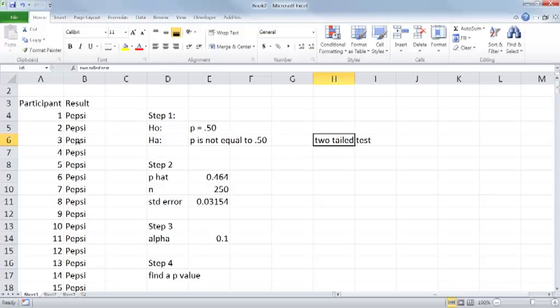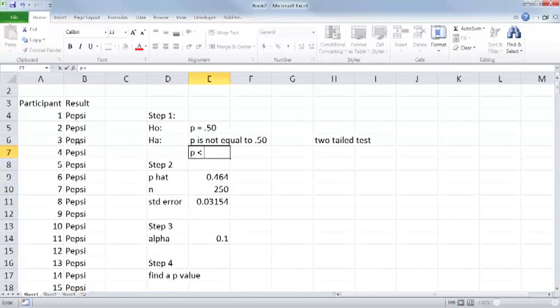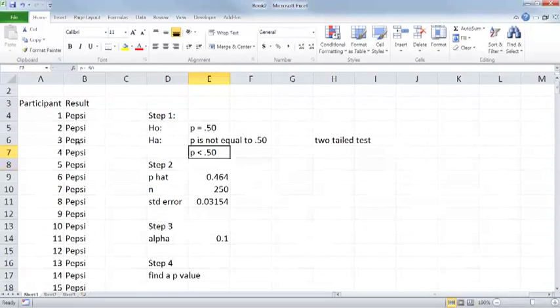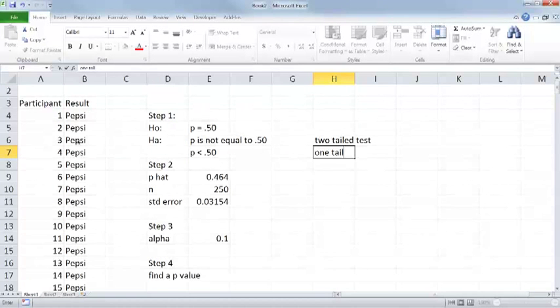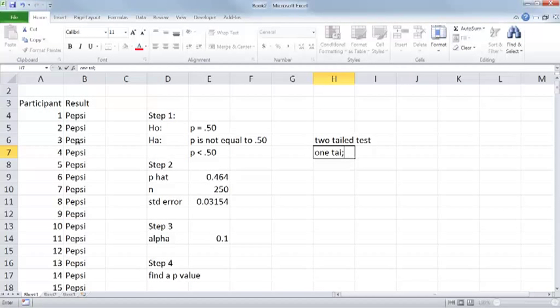We'll come back and do the two-tailed test, but I want to change it up to find the p-value for a one-tailed test. So let's just say p is less than 0.50. Let's use that as our alternative hypothesis. So this would just be a one-tail, left test.